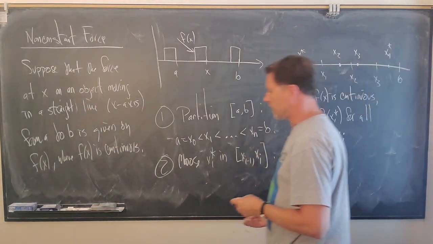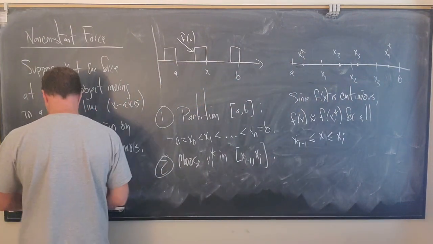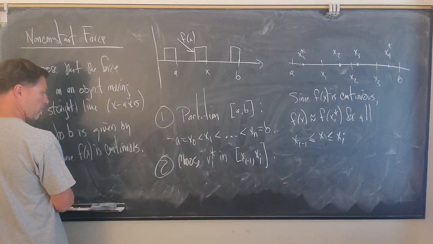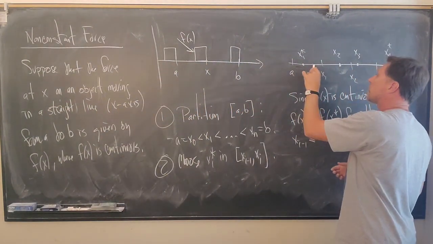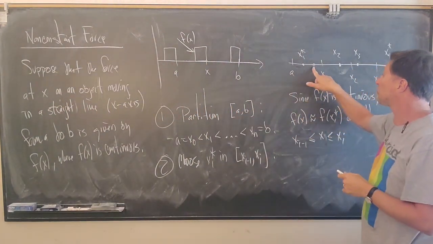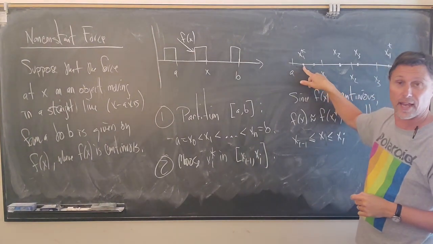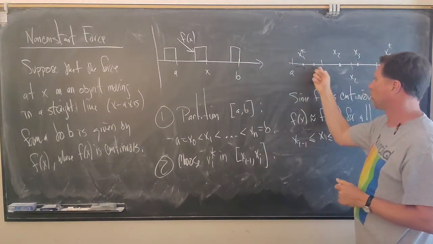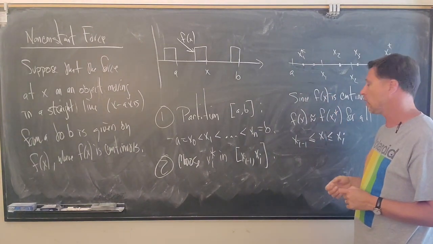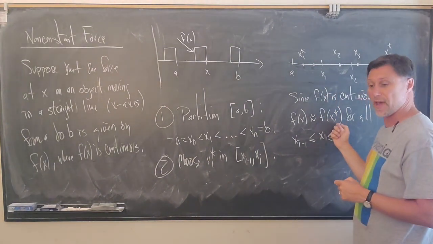So as you are inside a particular subinterval, the force does not change very much, and the force at position x here is pretty close to the force at x1 star. And so we can approximate the force along each subinterval by saying it's approximately equal to f of x_i star.